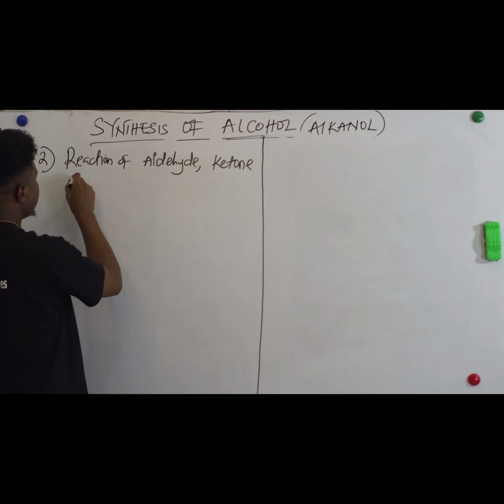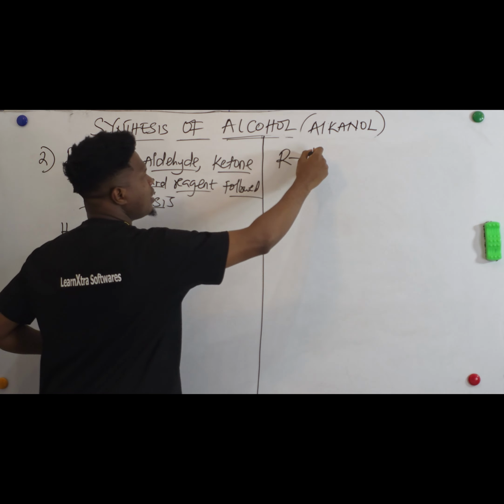Okay, so this reaction is very simple. It is a two-step reaction. So what happens first is that, let me use an example. Remember, in the aldehyde functional group, this is an aldehyde, the first member of the aldehyde. Aldehydes can also be represented as R, C double bond.